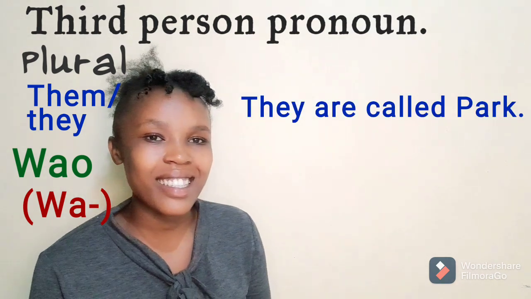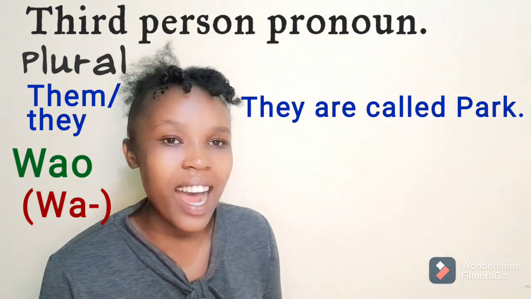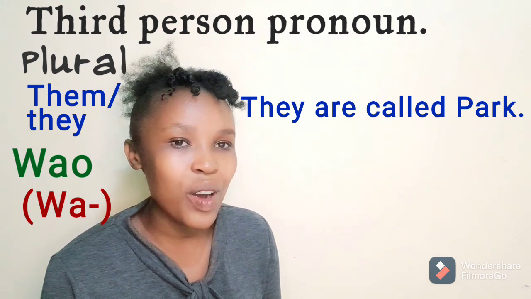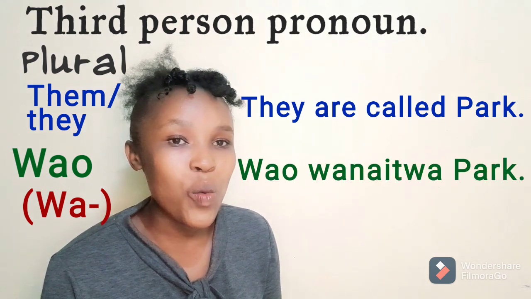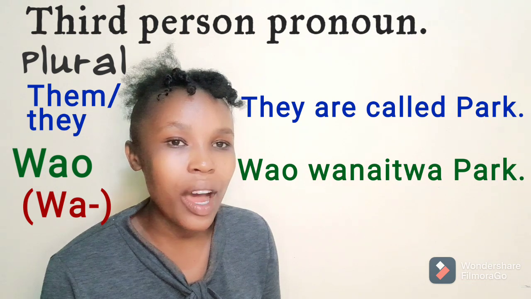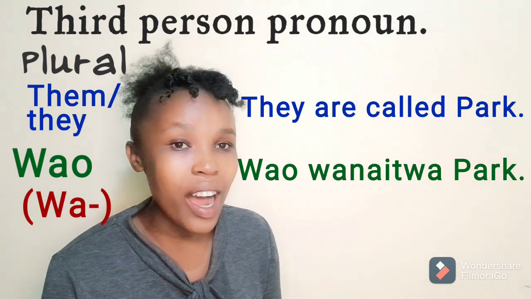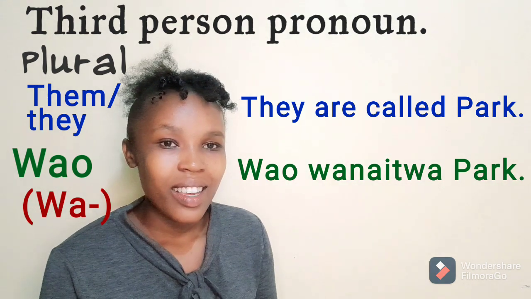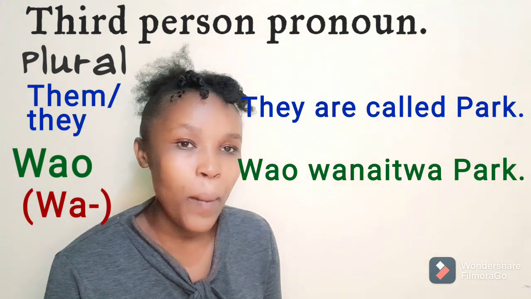Let's make a sentence. They are called Park. Wao wanaitwa Park. Wao wanaitwa Park. And that's it for the personal pronouns in Swahili.